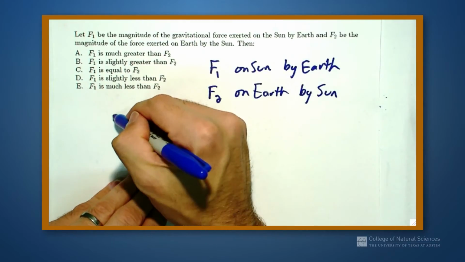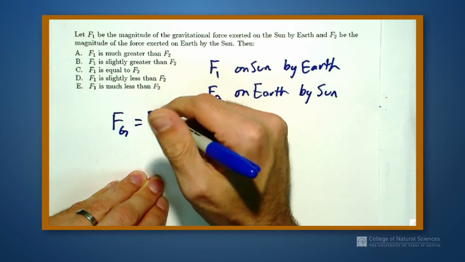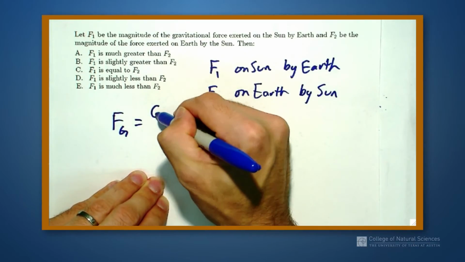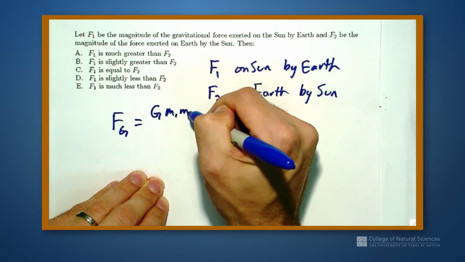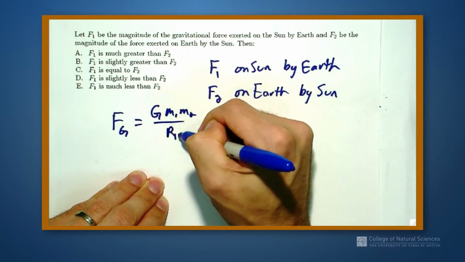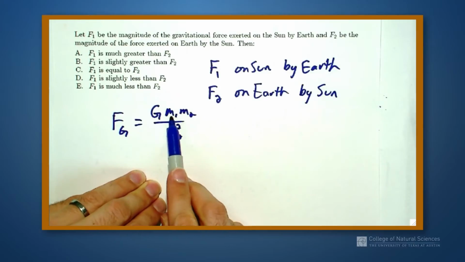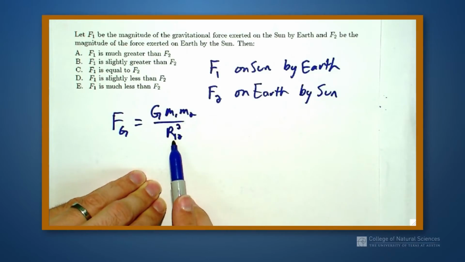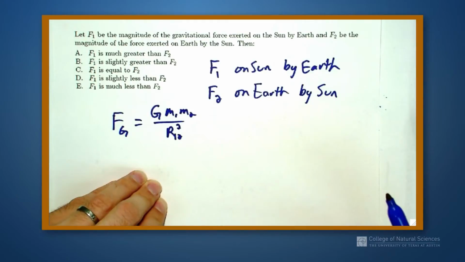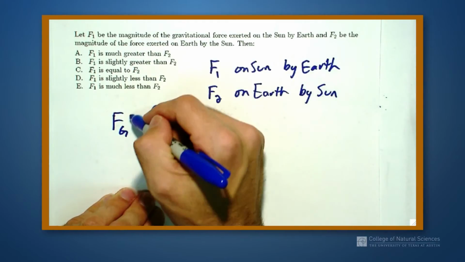Well, I know that my gravitational force in general is going to be equal to G m1 m2 over r12 quantity squared. My subscripts designate mass 1, mass 2, and the distance between mass 1 and mass 2. And this is the magnitude of the force.